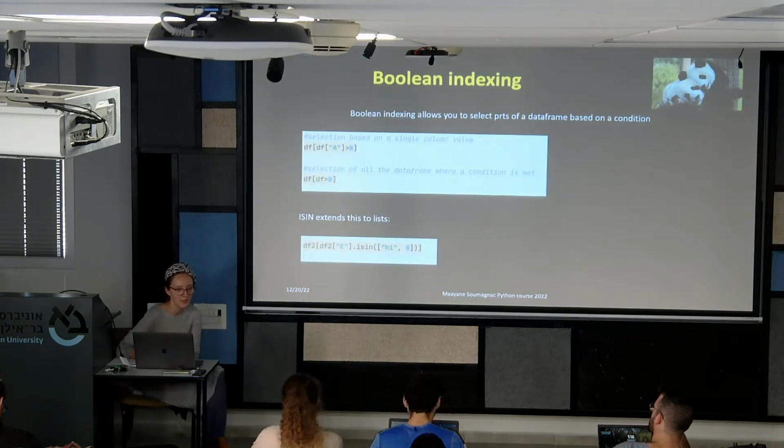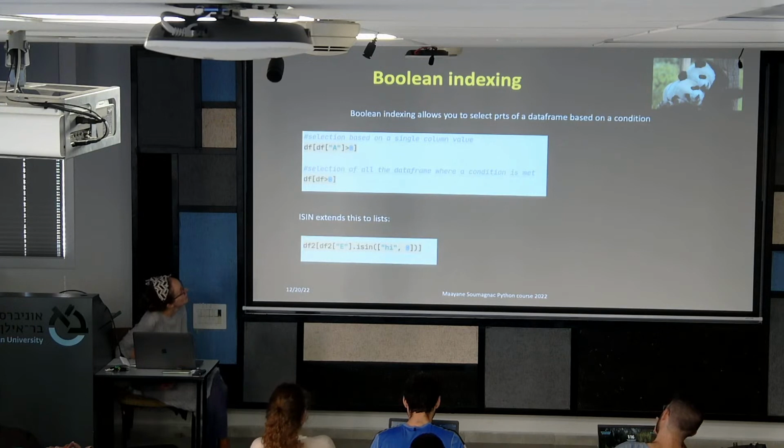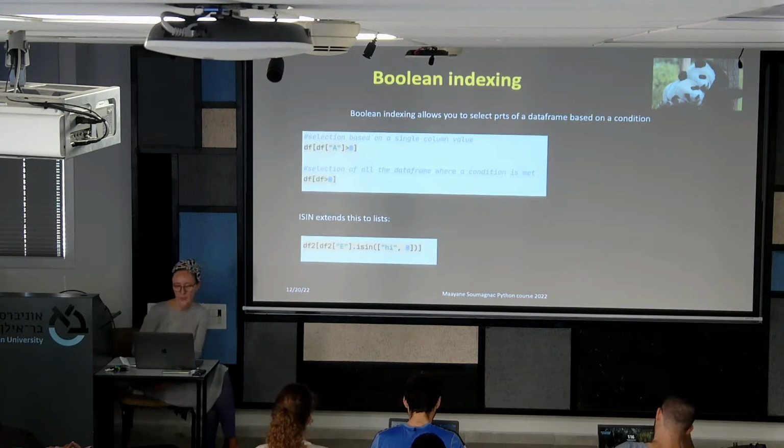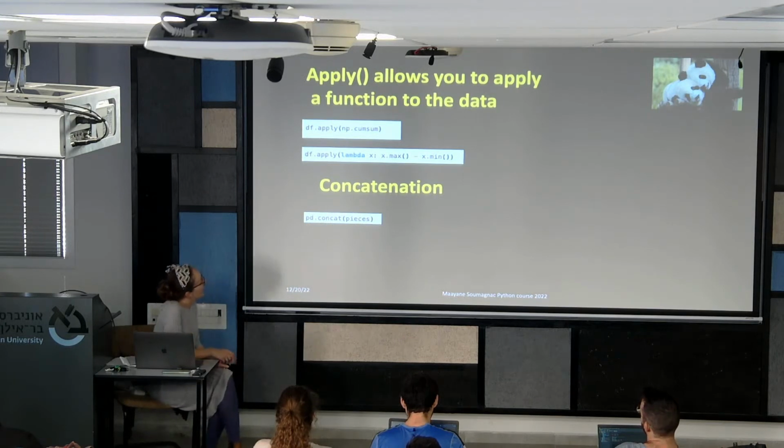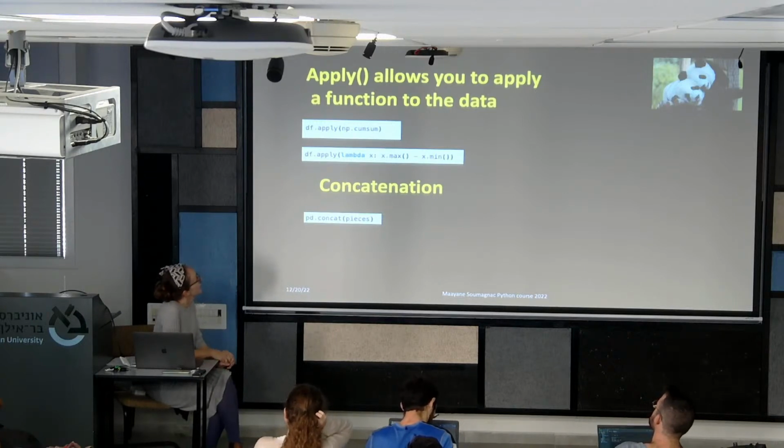They may be a bit less easy to do, but if you really want to keep using NumPy, you could. These things I think are very specific to pandas. There is a function called apply that allows you to apply a certain operation on your data frame. Okay, so I'll give you an example.